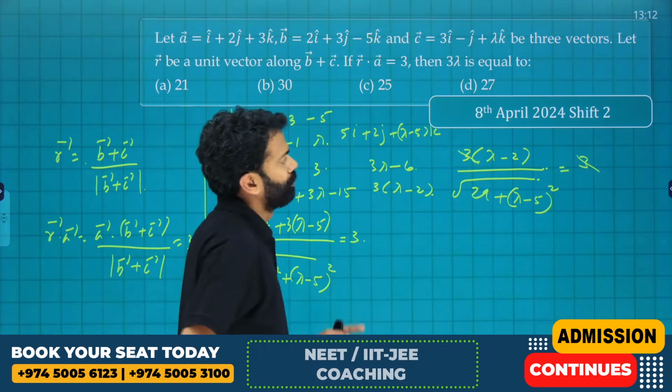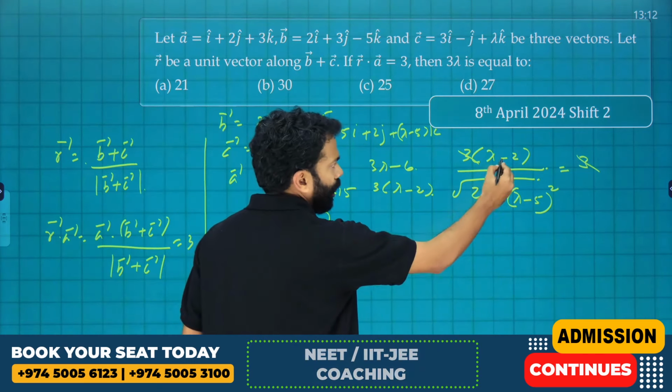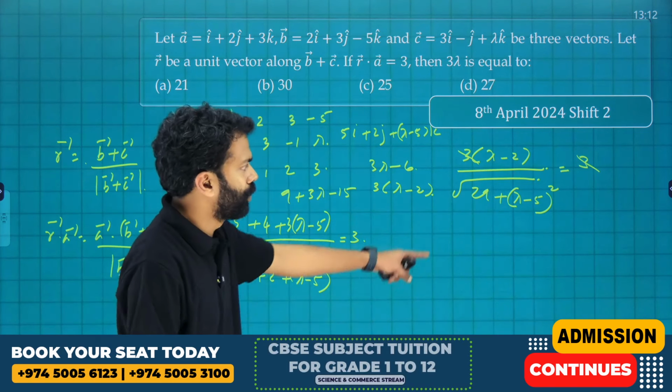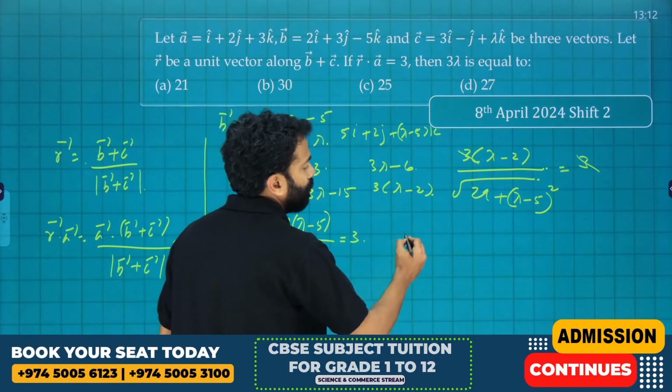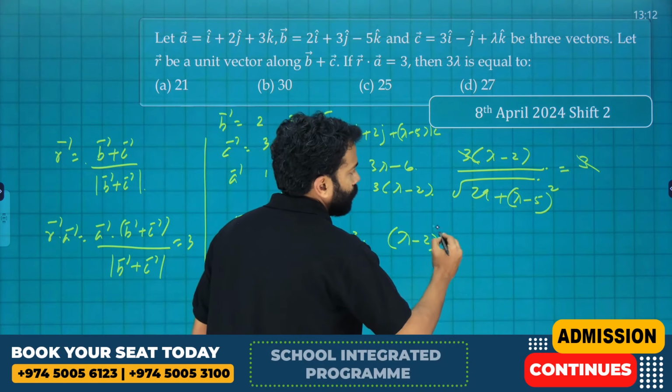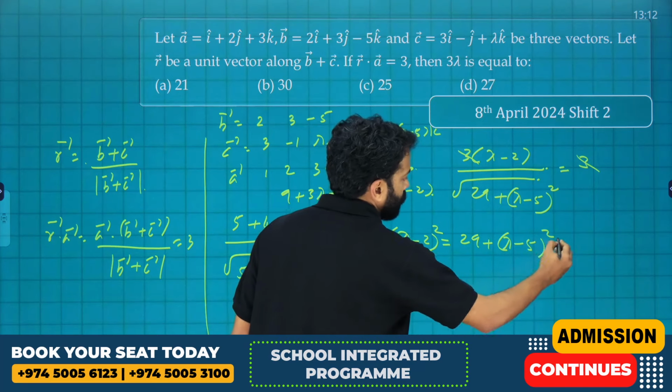The 3 got cancelled. Cross multiply and square both sides. It will be (lambda minus 2) whole square is equal to 29 plus (lambda minus 5) the whole square.